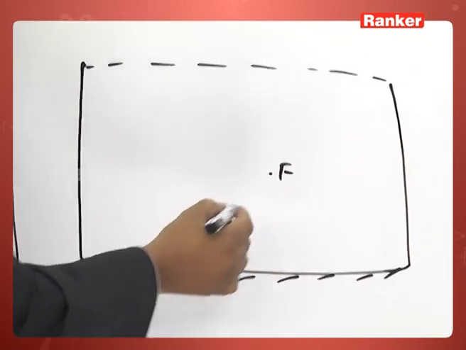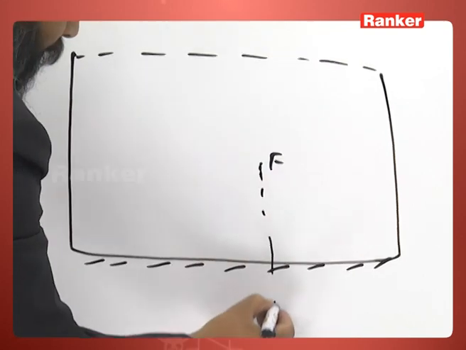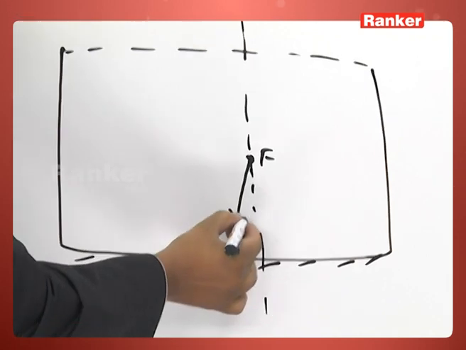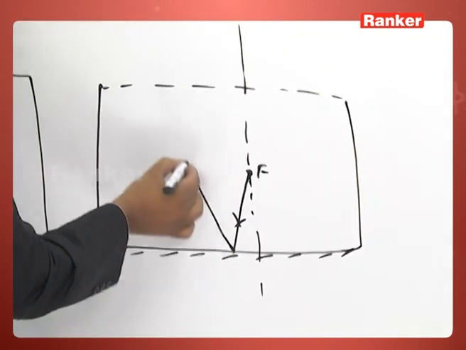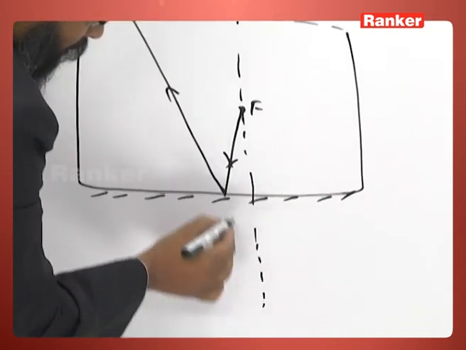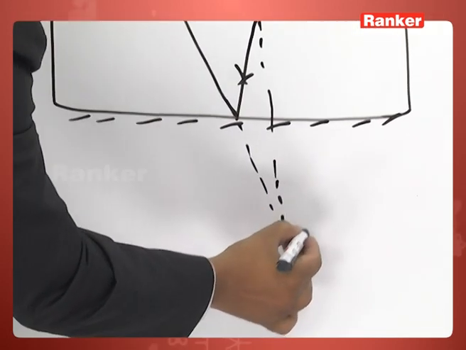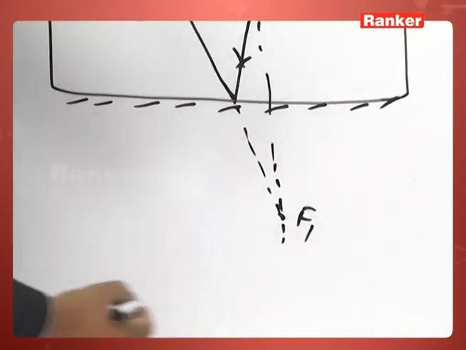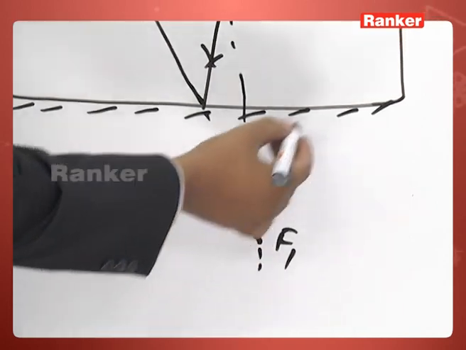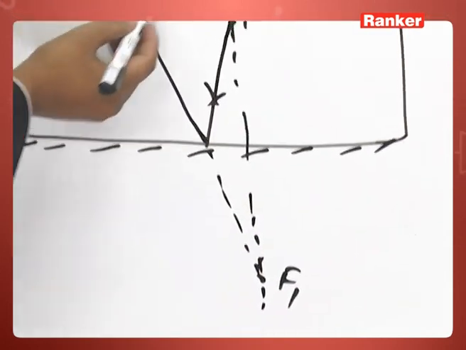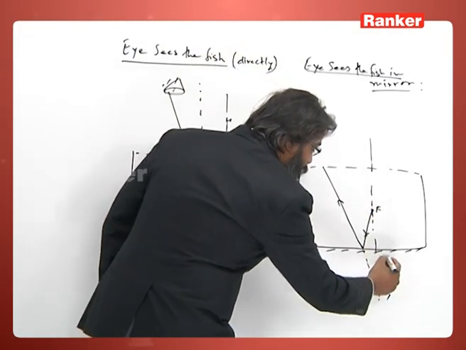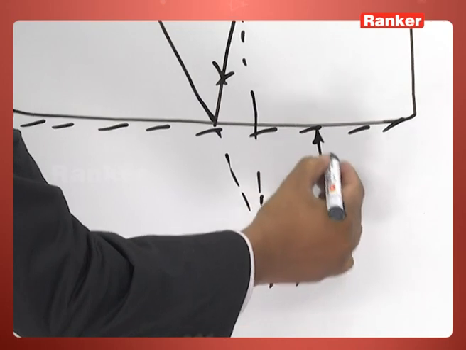So let us take up a ray from the fish that gets reflected. This ray is reflected. So you see this is f dash, or let us call it f1. This is the image of the fish in the plane mirror. If we are here, we will observe the image to be, if this is h by 2, this is h by 2, at a distance of h by 2 from here.